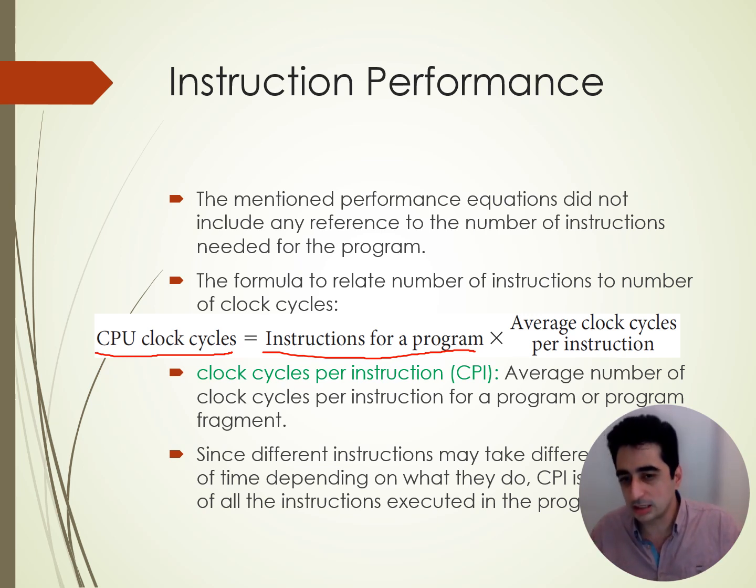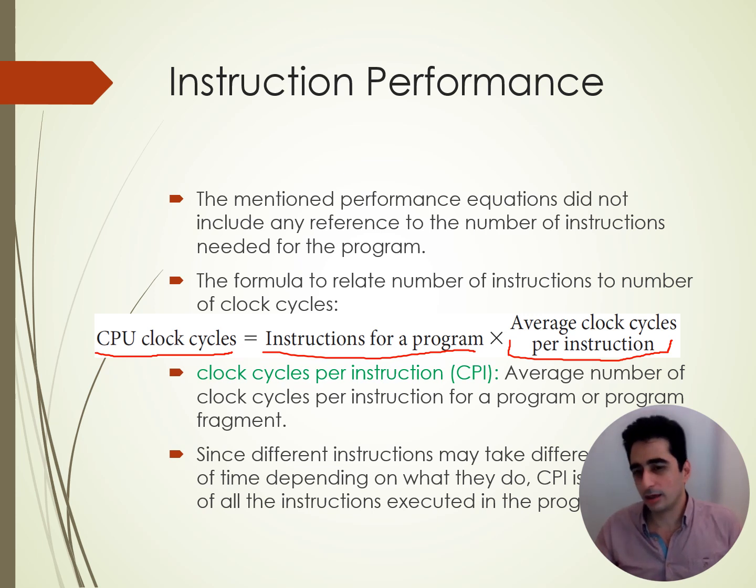So if you know this, you only need one other quantity to calculate the CPU clock cycles, and after that you can calculate the CPU time. And that quantity is the average clock cycles per instruction.